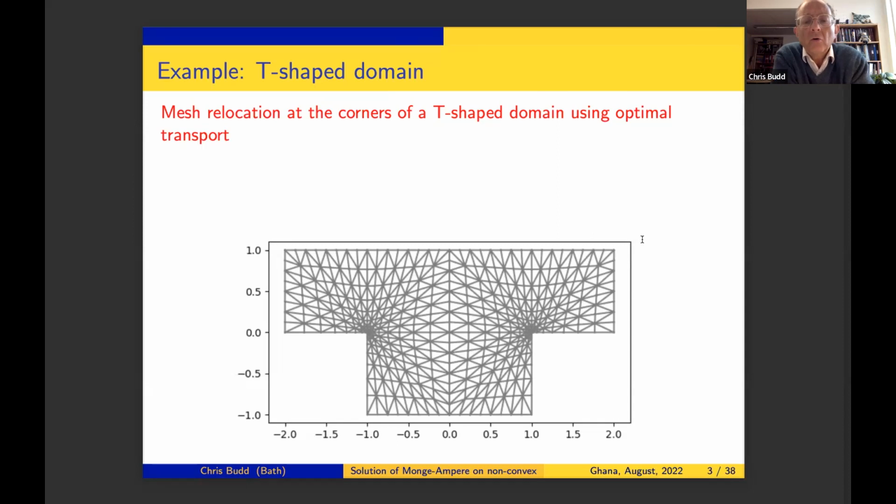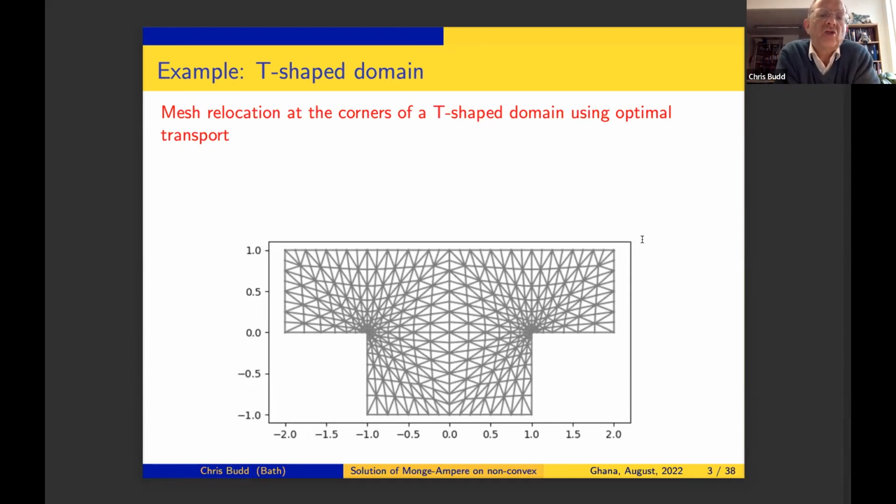There are no small angles in the triangles. And you've got lovely grading towards the corner. So this is a mesh that one would be very happy to compute the solution on, typically using some sort of discontinuous Galerkin method. DG methods are very appropriate for problems when you've got non-uniform meshes.